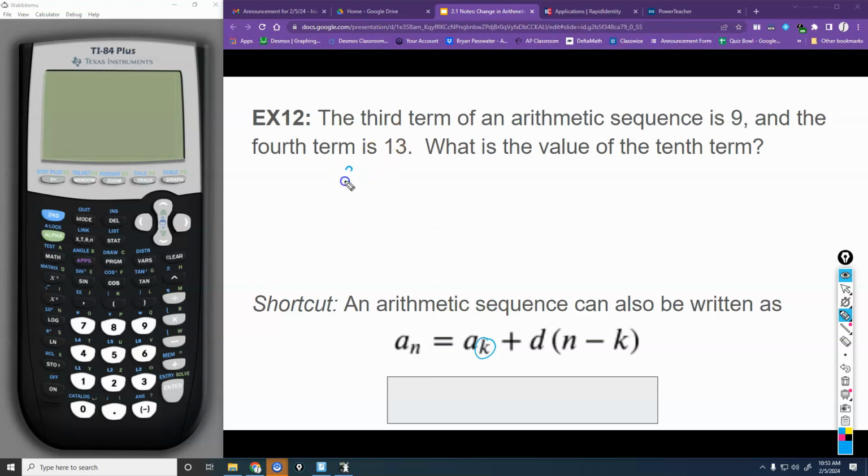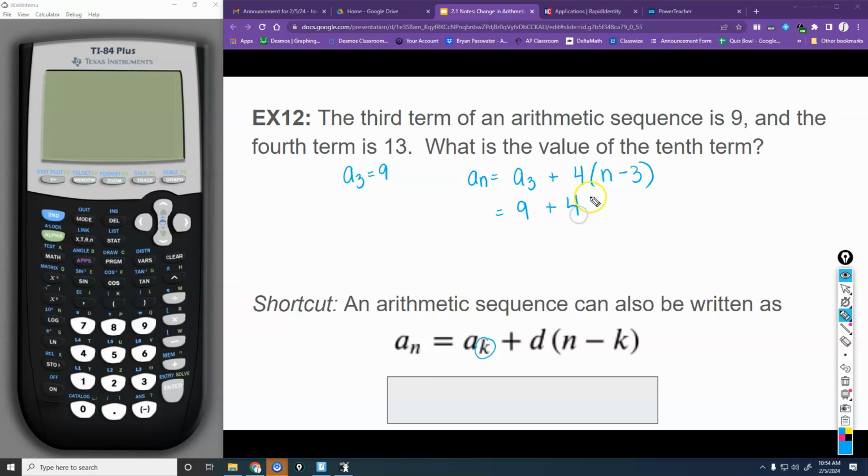I know a sub 3 is 9. So if I wanted to write an equation for this, I could say a sub n equals a sub 3 plus my common difference, which was 4, times n minus 3.